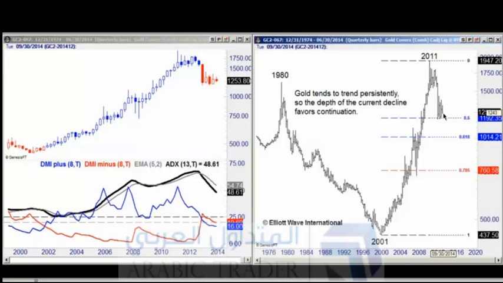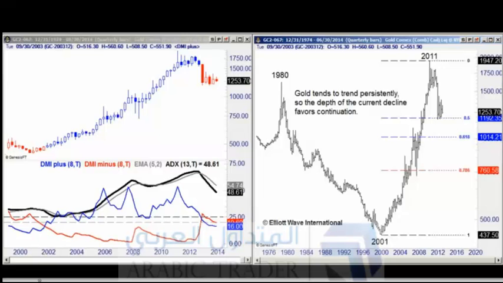It's a good bet that gold is not finished declining yet. I have no confidence that gold will decline for 21 years like it did from the 1980 peak, but I think that it's very likely that it's got more downside action to develop than we've seen in the past 3 years.